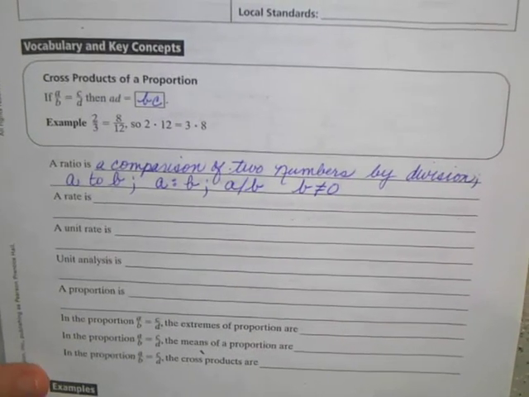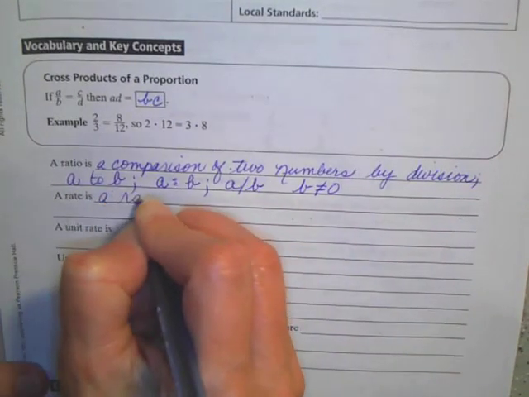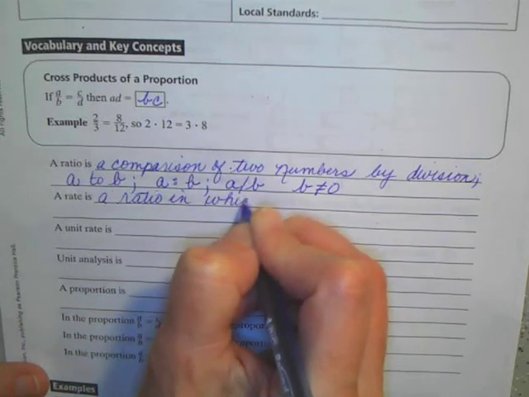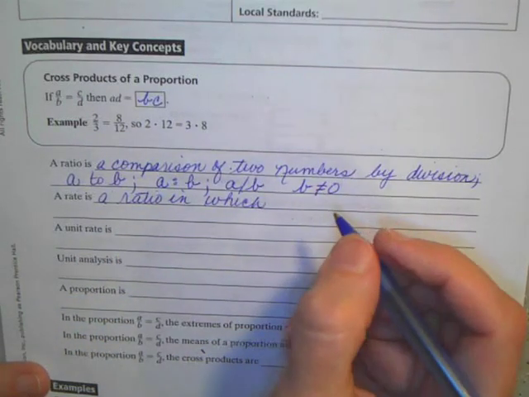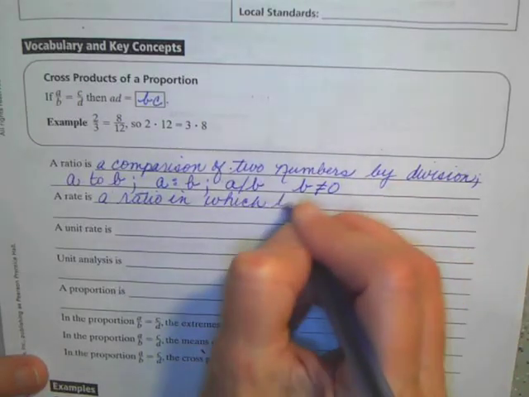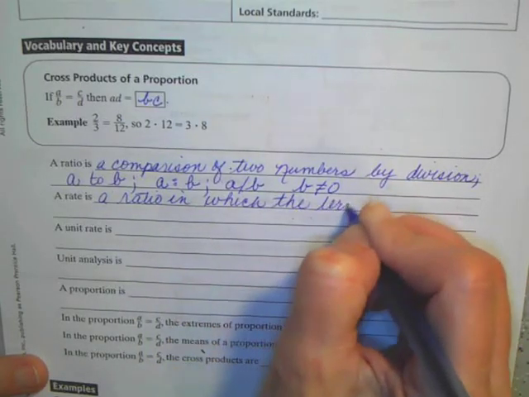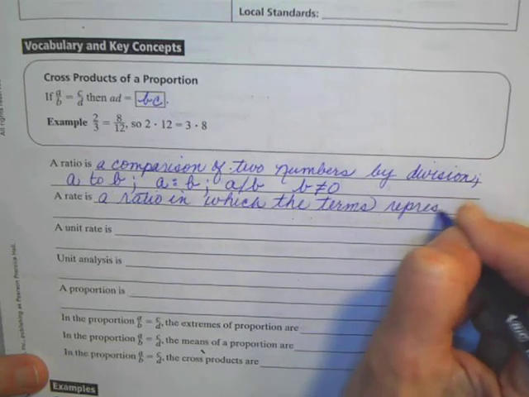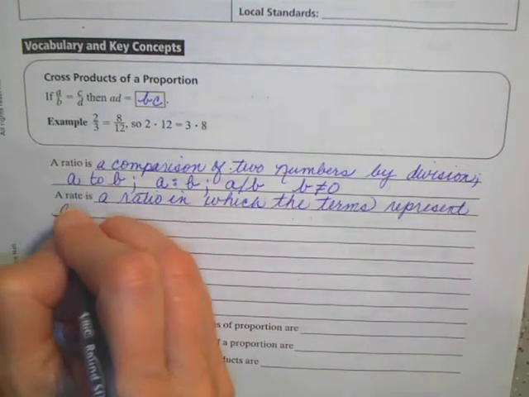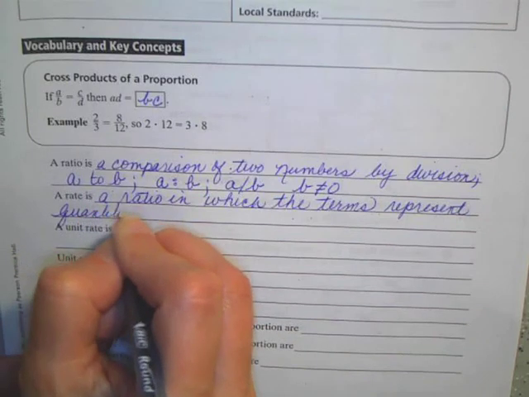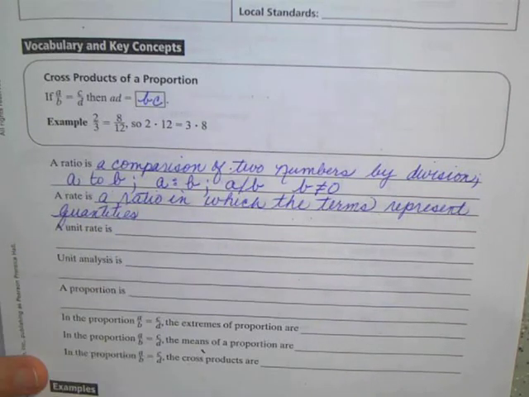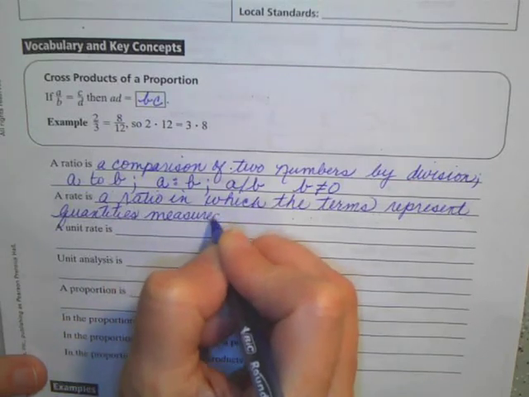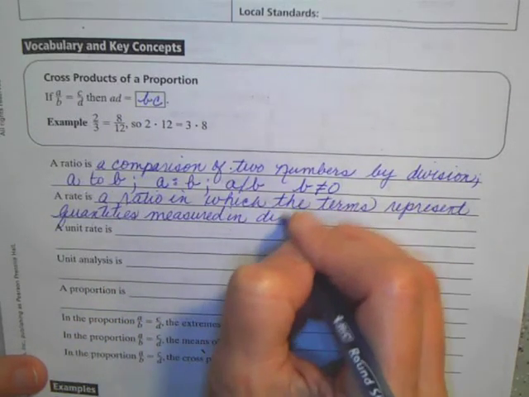A rate is a ratio in which the terms represent quantities measured in different units.